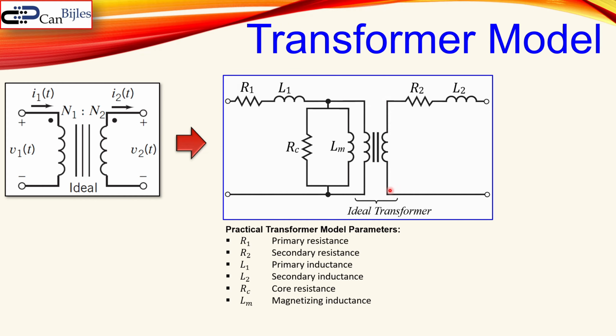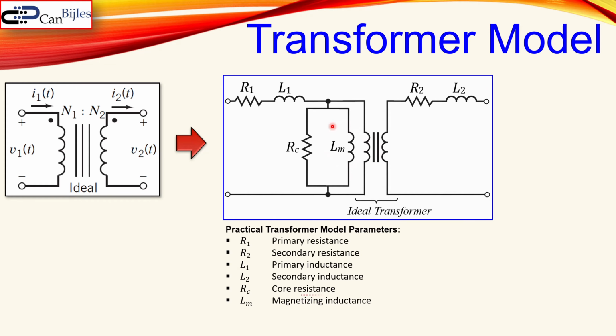This part here is our ideal transformer, and then anything outside that is added to get it closer to reality. R1 is our primary resistance and R2 is our secondary resistance. L1 is the primary inductance and L2 is our secondary inductance. There will also be losses because of the core, that's the core resistance, RC, and we also have the magnetizing inductance here.